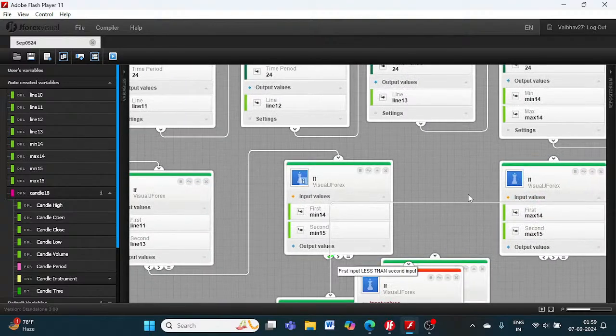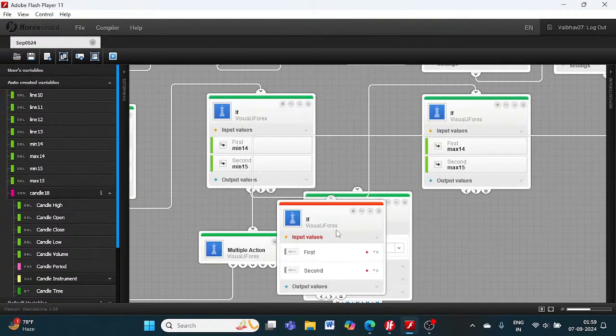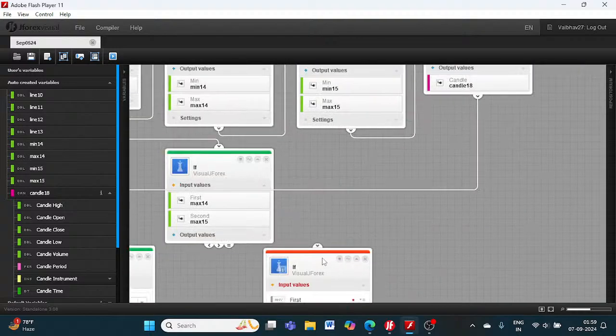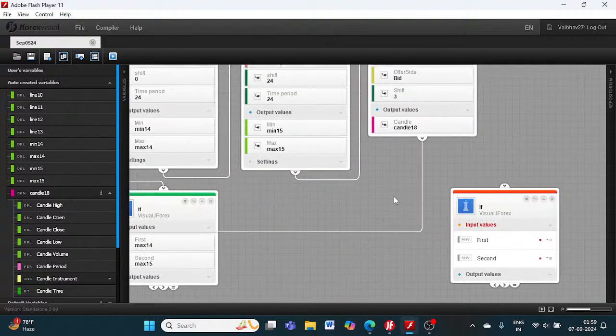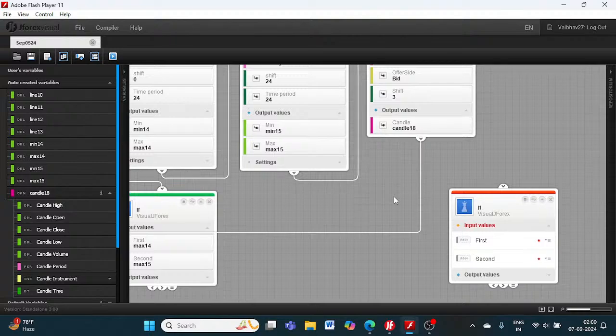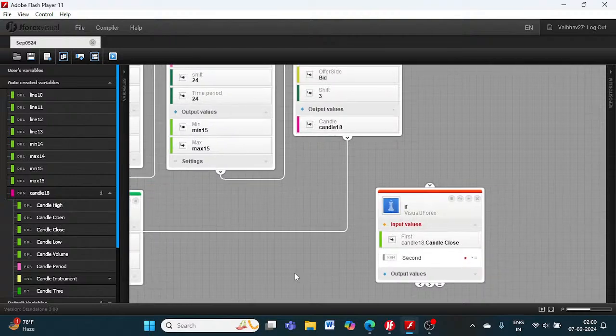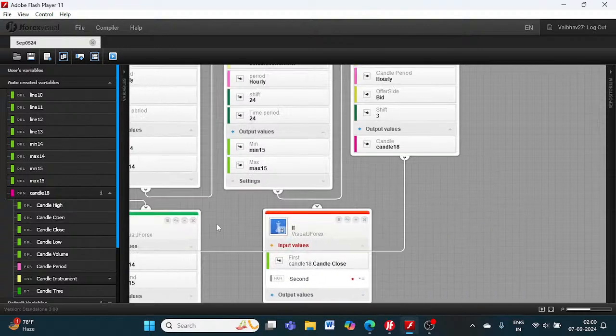So here again less than, and we need candle period data to be in line with our need, which is the candle 18 candle close needs to have been above the SMA of the high price, current SMA of the high price.